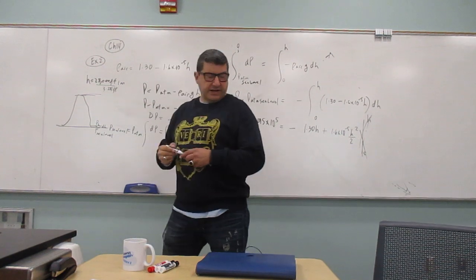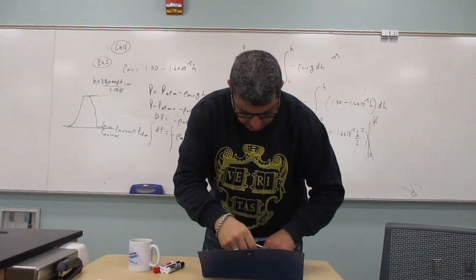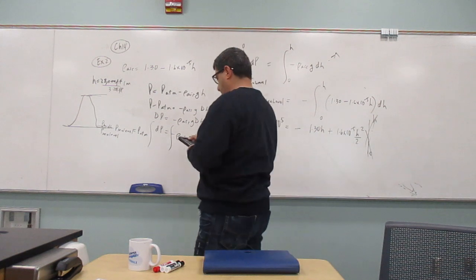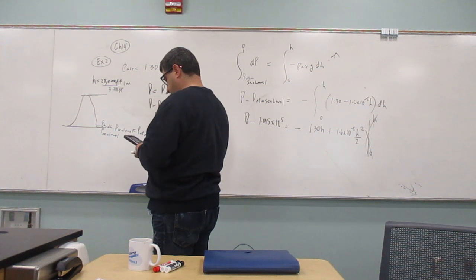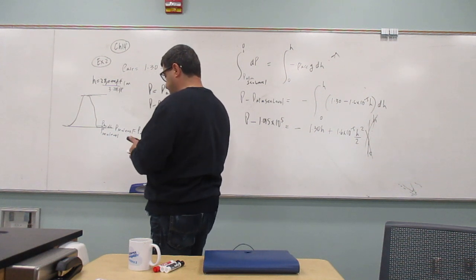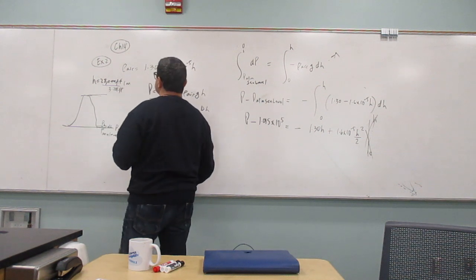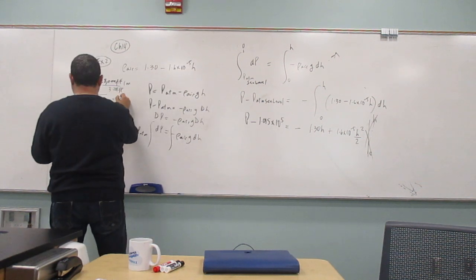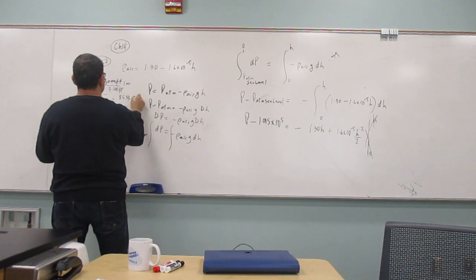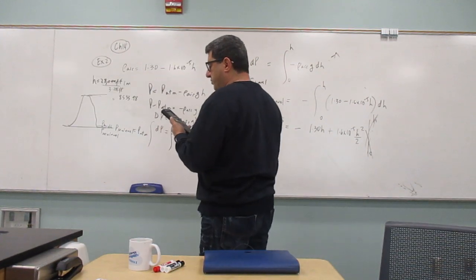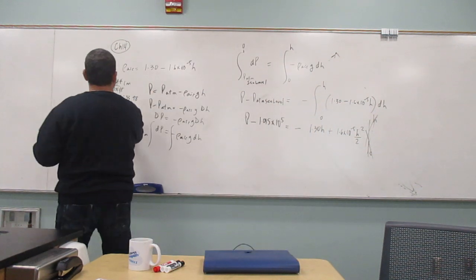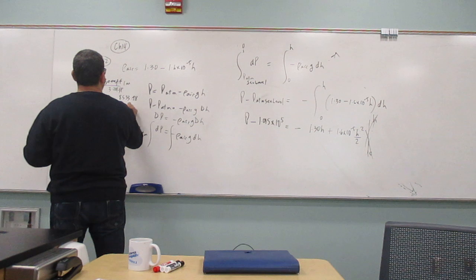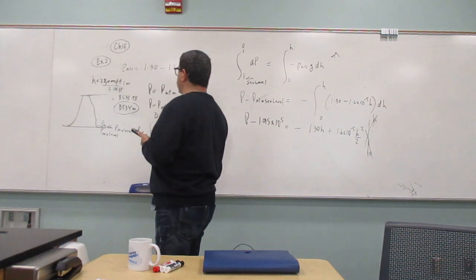So 28,000 divided by 3.281 gives 8,534 meters.